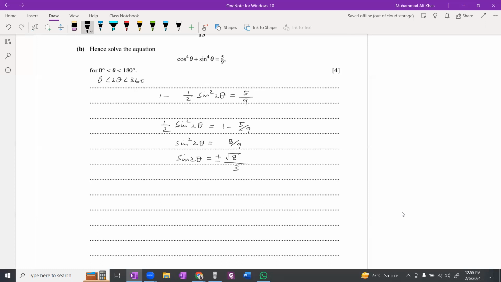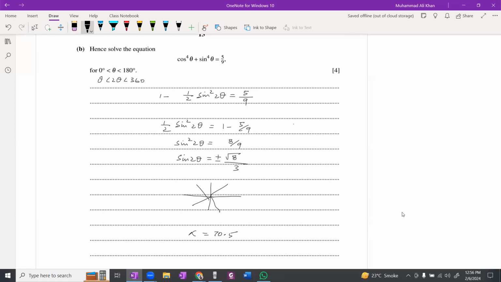Now, according to this, the basic angle is everywhere in all 4 quadrants, because we have plus and minus. So what is the basic angle? Sine inverse of under root 8/3. It will be 70.5. We have to move in degrees, as the range is given in degrees.